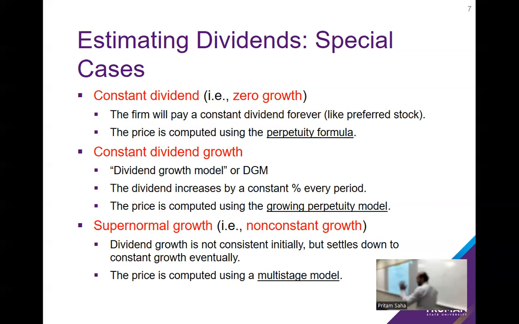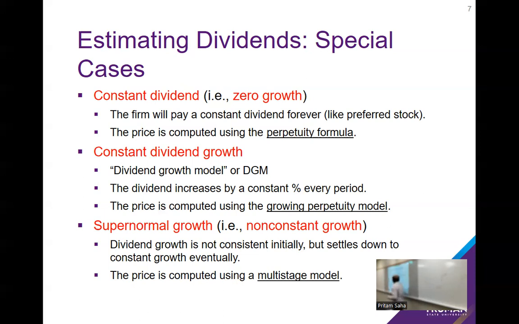Constant growth, not constant dividend payment. They keep growing at 2% forever. This is an example of common stock, because if the company earns more, they would love to share with the stockholders. So this is the constant dividend growth model. We'll talk about these two in the next slides.